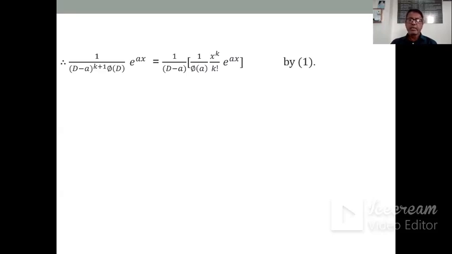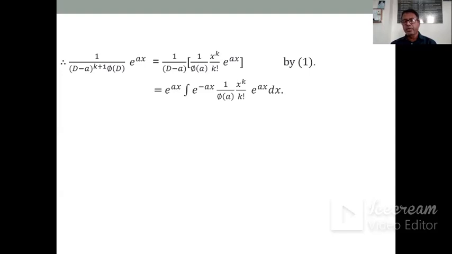Now again here 1 upon phi of a is constant, k factorial is constant. You take them outside of this operator, then we get 1 upon phi of a into k factorial, then operate 1 upon d minus a on x to the power k e to the power ax.